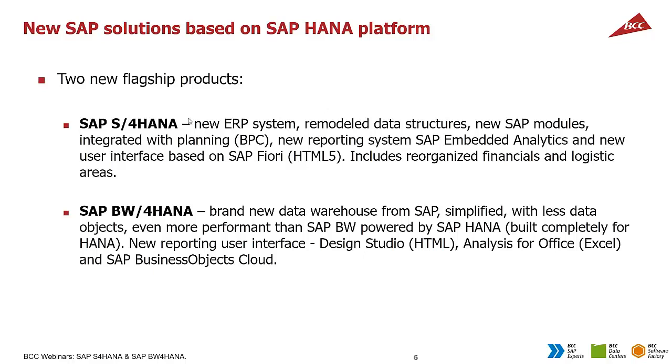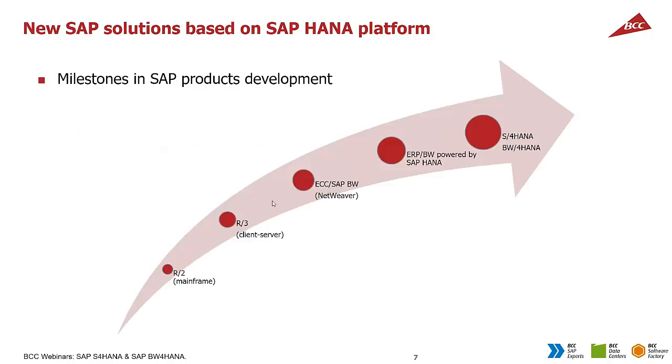Okay, so in fact we have development milestones in SAP products. SAP started with R/3 mainframes, then moved to R/3 client-based systems that were very popular. Now most of our clients have ECC or SAP BW data warehouse or ERP system on the NetWeaver platform.